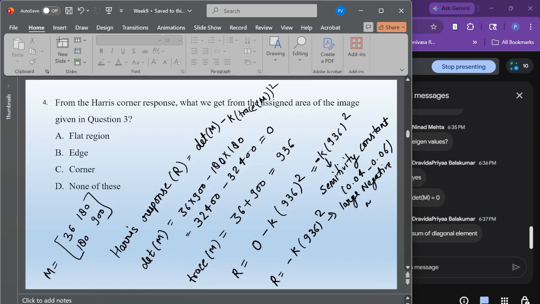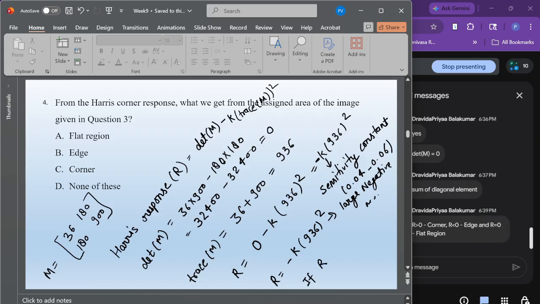So in the Harris corner detector, if R is less than 0, that means a negative number, what will that indicate? It indicates an edge.